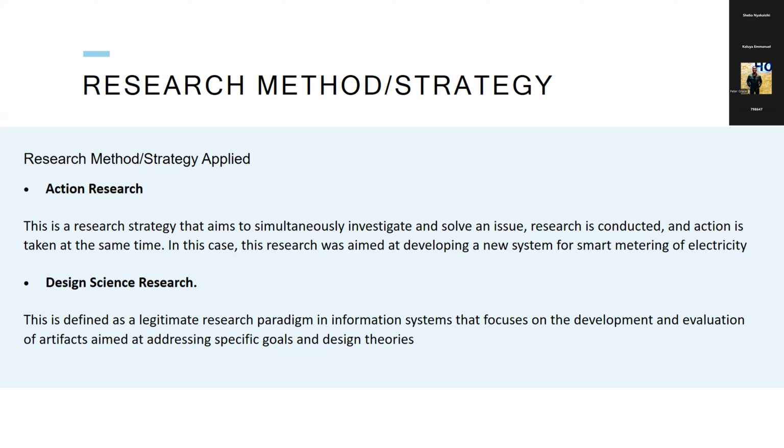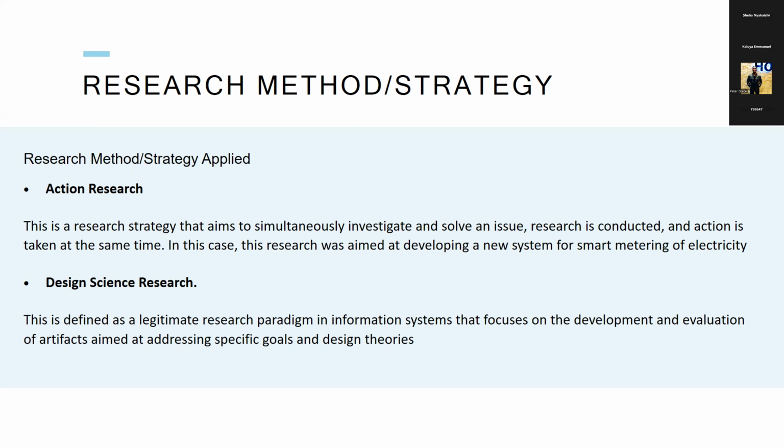So that's why we said that the strategy was action research. And the other one is design science research. This is defined as a legitimate research paradigm in information systems that focuses on the development and evaluation of artifacts aimed at addressing specific goals and design theories.